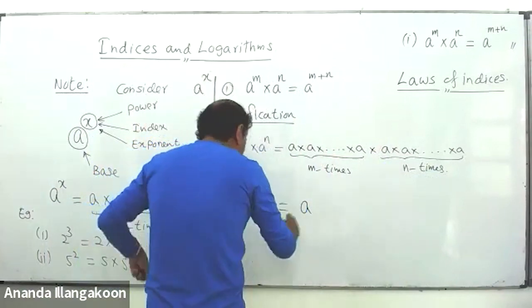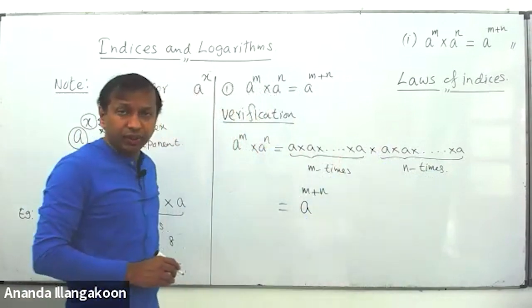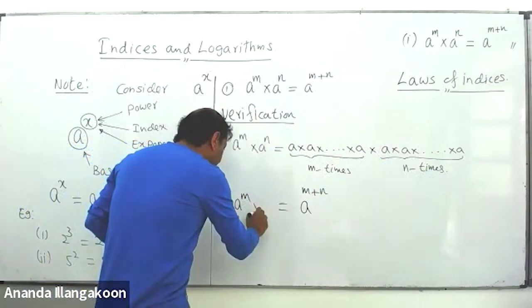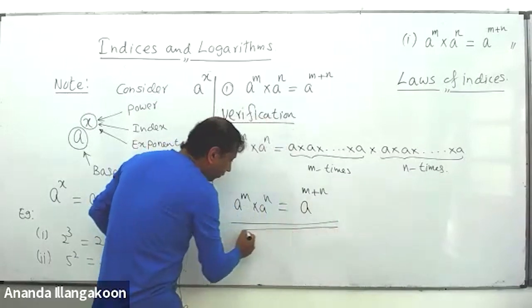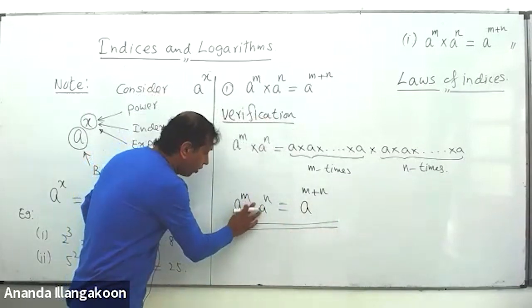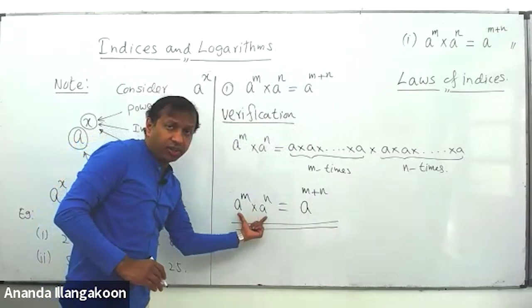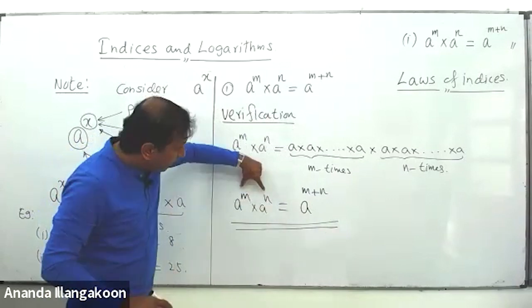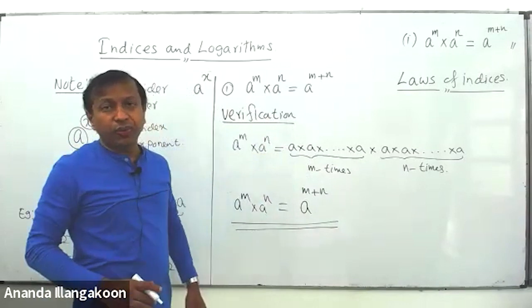According to this notation, a to the power m plus n. Understand? So the left hand side product is equal to a to the power m plus n. So this is the verification of the truth of the first index law. When the bases are equal and they are multiplied, the exponents we have to add. Understand?